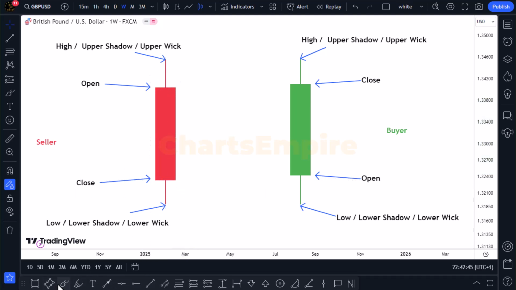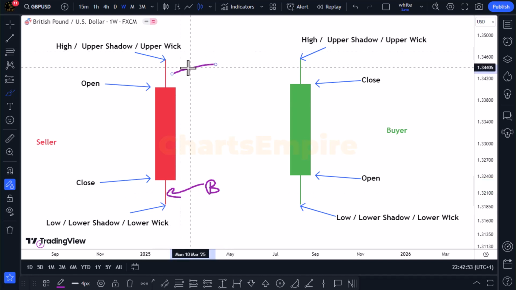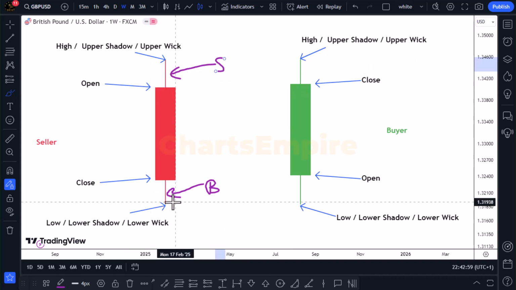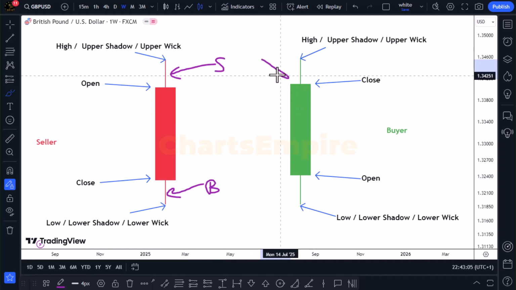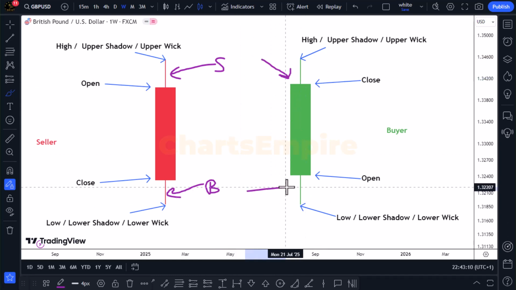So the action we got here was the action of the buyers. At this top right here, it was the action of the sellers. The sellers pushed price down, and at this level the buyers push price up. The same thing is happening here: at this level the sellers push price down, and at this zone the buyers push price up.